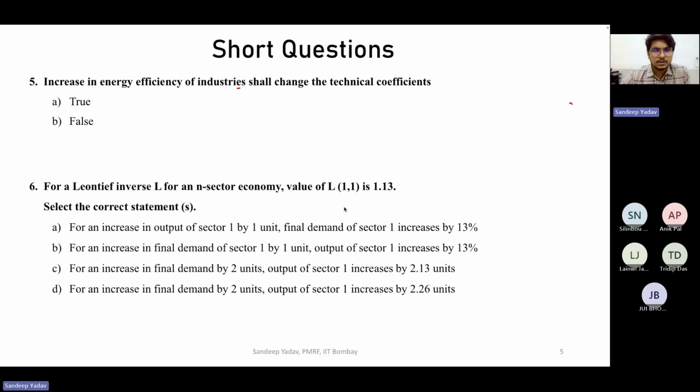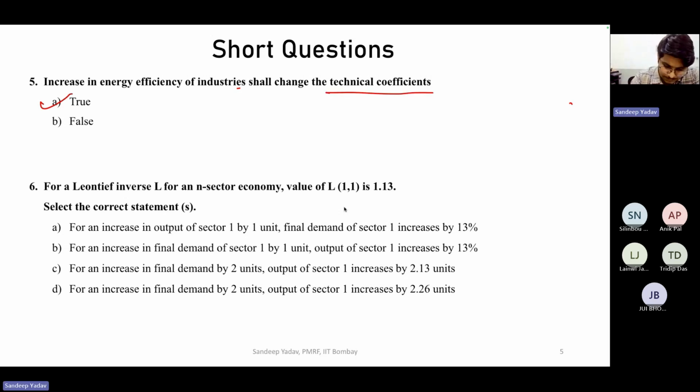Increase in energy efficiency of industry shall change the technical coefficient. So the statement is true. Why so? If the energy efficiency increases, the transactions between the industries shall change. Hence, the technical coefficient shall also change.